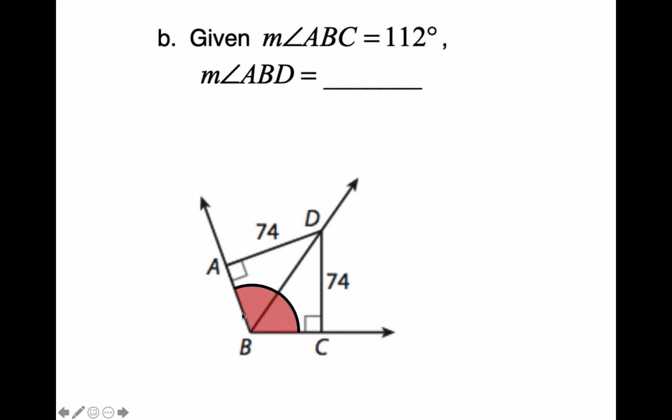Since angle ABC is 112 degrees, each of these pieces you would just divide by 2. So 112 divided by 2 makes each of these pieces 56. So they're looking for the measure of angle ABD. Well, that angle is 56 degrees.